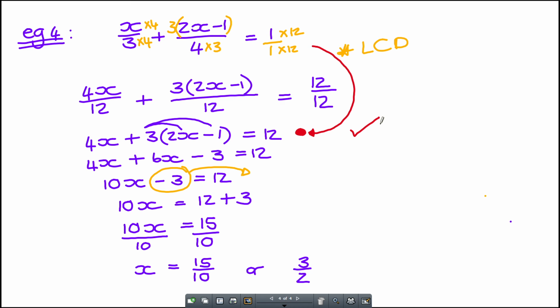Then you will get your mark over here because you multiplied in that bracket. Then you're going to get a mark for the 10x and for the 15 because unknowns on the left, normal numbers on the right. So a mark for each one of those. And then lastly, you get a mark for your final answer. So 5 marks here. Yeah.